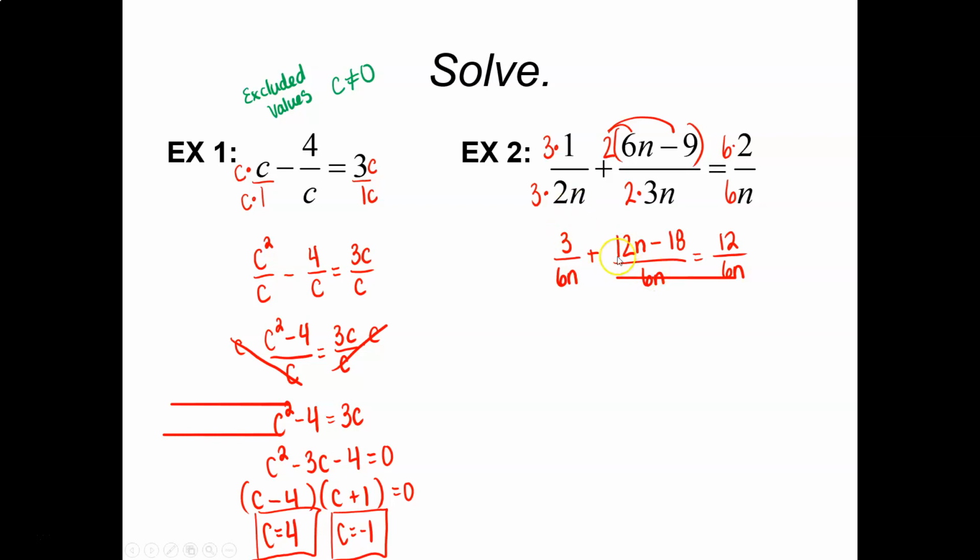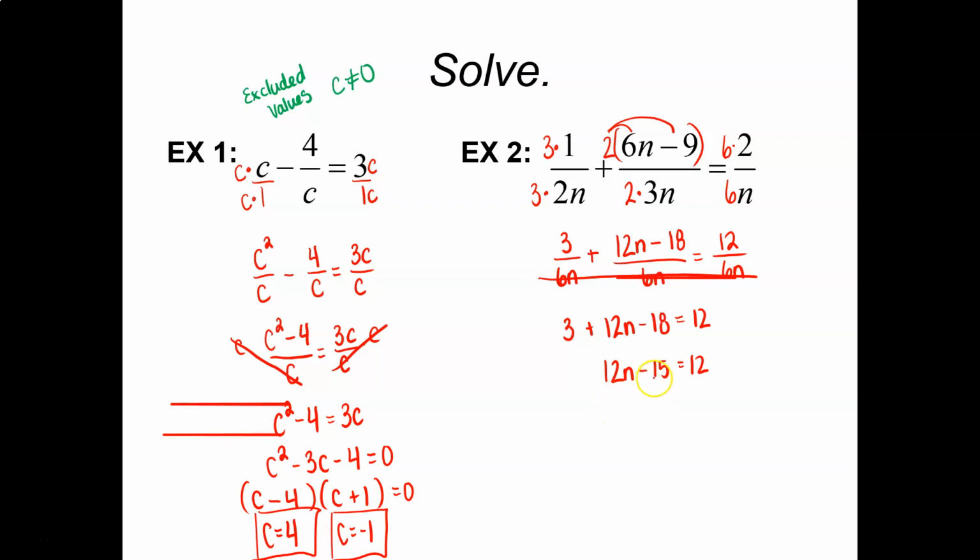If I put these together, they'll both be over 6n. Then I would need to multiply both sides by 6n to get rid of the denominators. So basically, once all your denominators match, you can drop your denominators. So now I've just got 3 plus 12n minus 18 equals 12. Yep, we combine the 3 and the negative 18. We'll get 12n minus 15 equals 12.